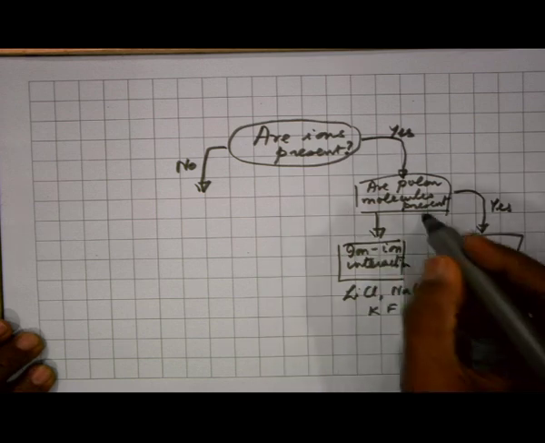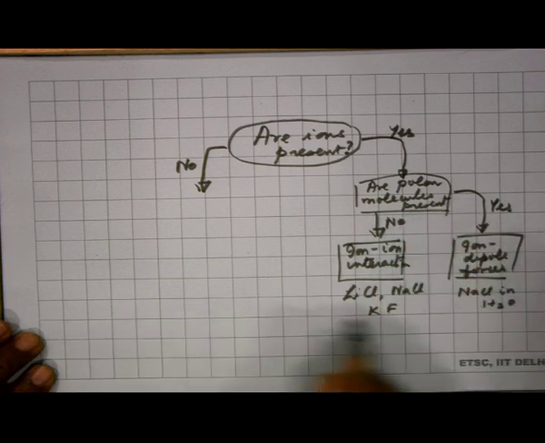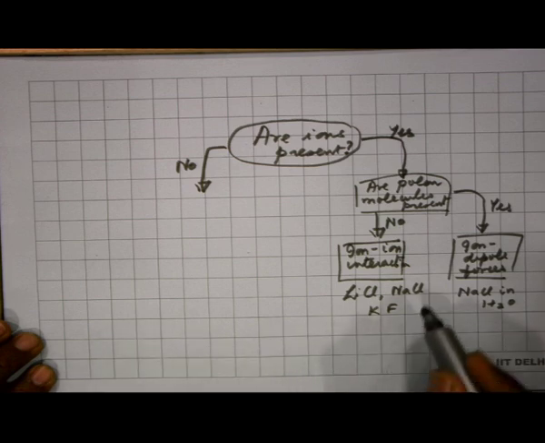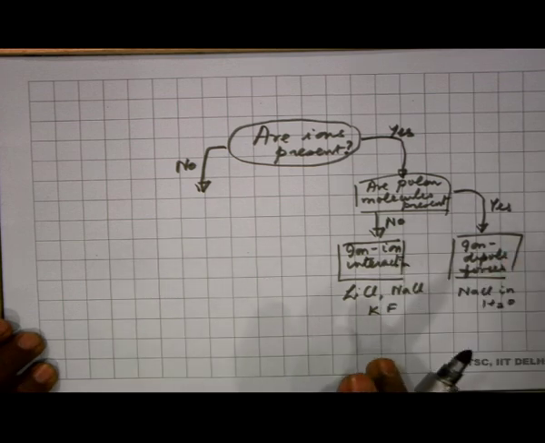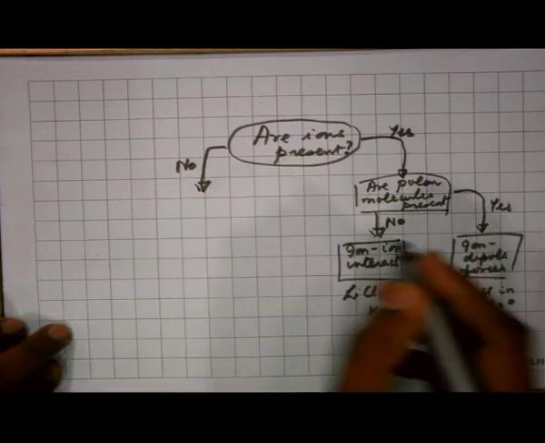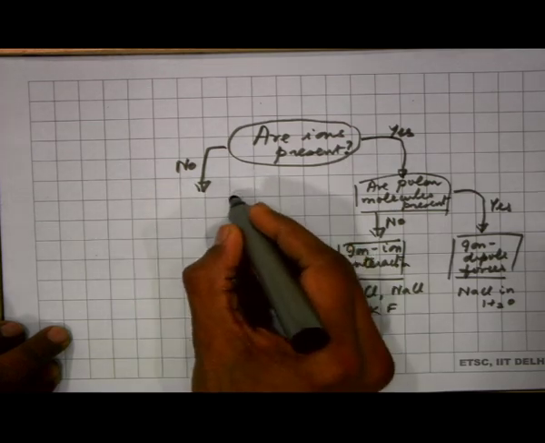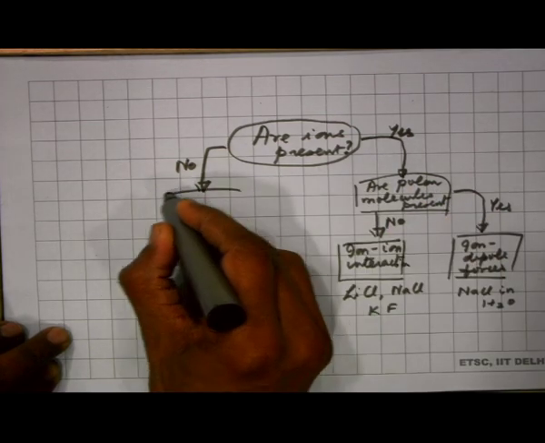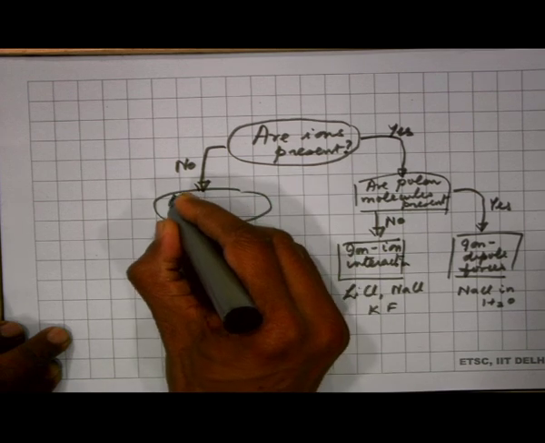I should have probably drawn it the other way around if I wanted to label it in the strength of the interaction. So, if you want, this would be the strongest. So, I should have labeled it there, but I switched it around. Okay. We go through the same question here. We ask ourselves, are polar molecules present?